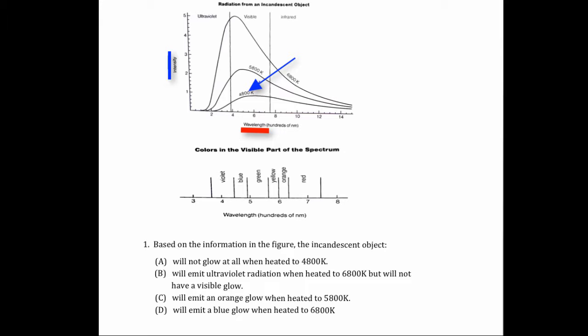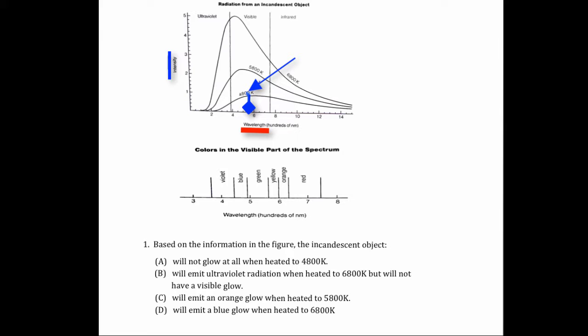Is it glowing? Well, the peak of that energy is right in here, so we know it's in the visible spectrum because it's in the middle part of this graph. And if we drop the line down to the x-axis, we see that the wavelength of that light at the peak energy is somewhere around 550 nanometers.